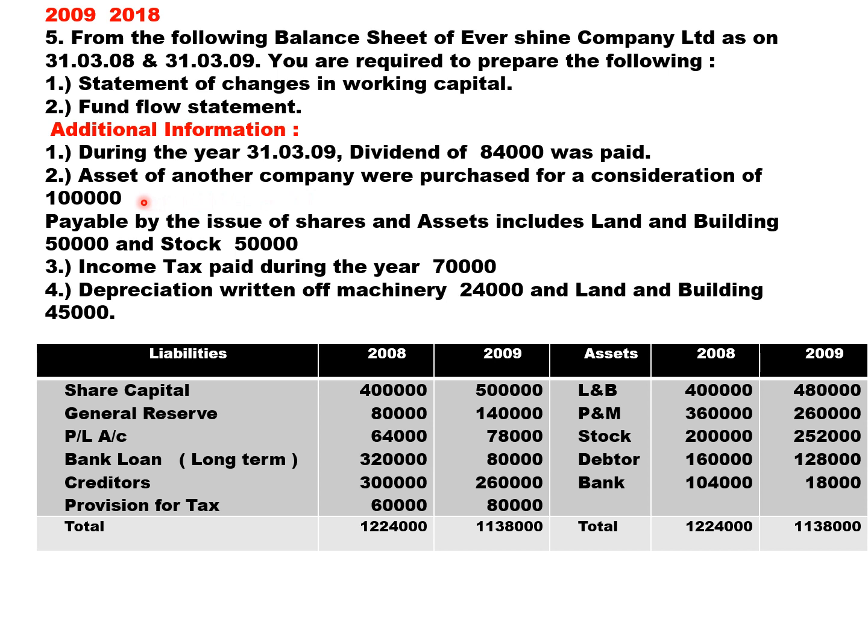Assets of another company were purchased for a consideration of rupees 1 lakh, payable by the issue of shares, and assets include land and building 50,000 and stock 50,000. So students, totally 1 lakh is purchased. In that, two assets are purchased: land and building 50,000, stock 50,000.